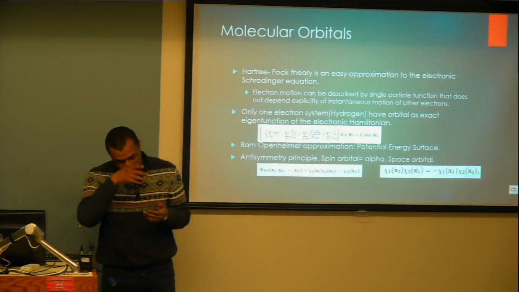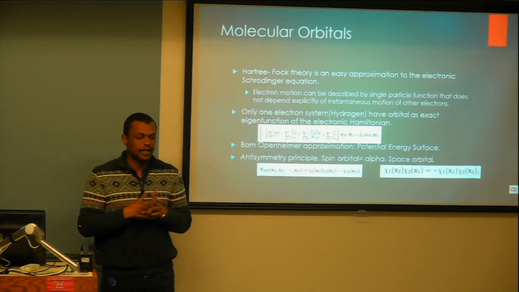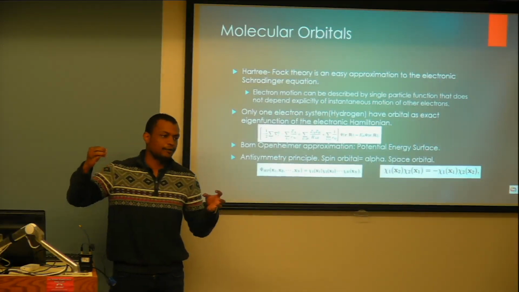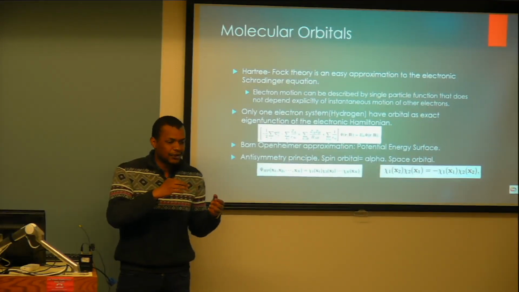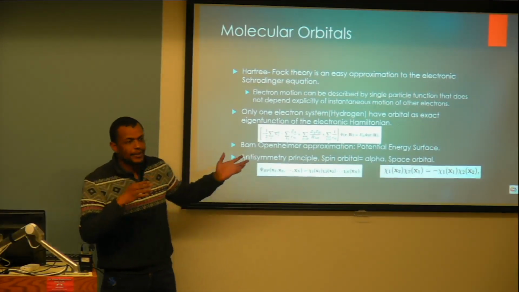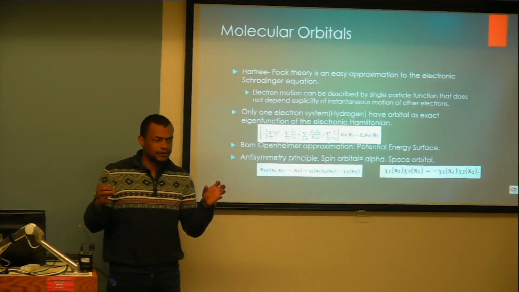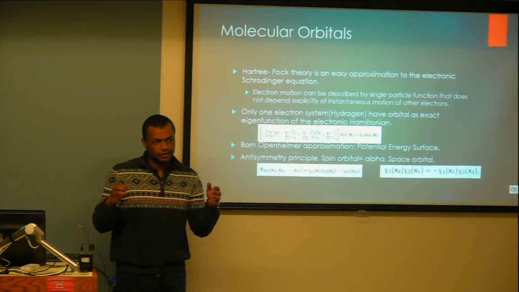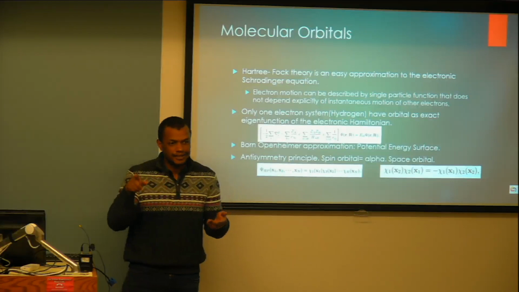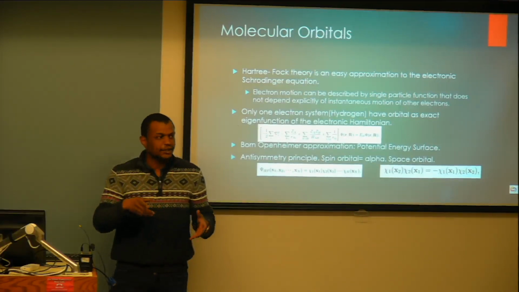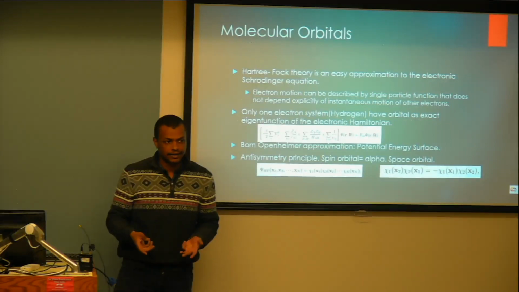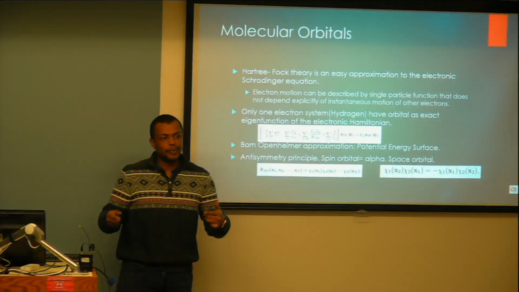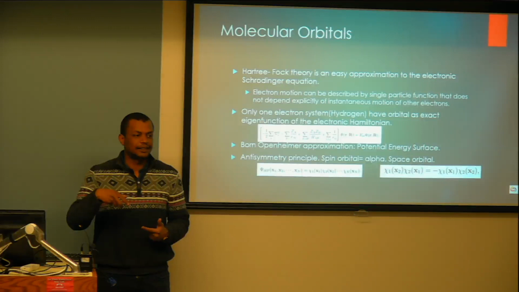So in this case, I'm going to give a simple example of the hydrogen atom, where we add another electron. He's assuming that this electron that's going to form the hydrogen minus ion is not going to depend on the electron that's already there. So they cannot occupy the same orbital.